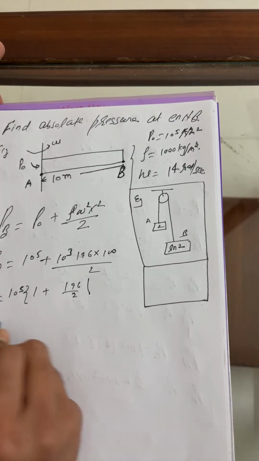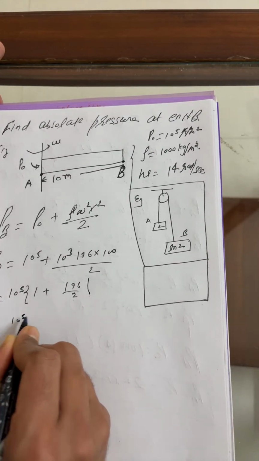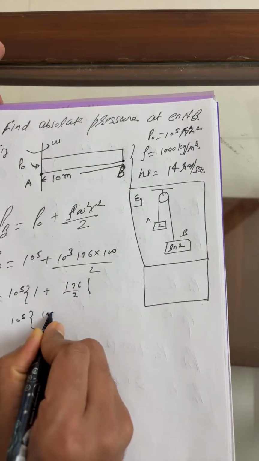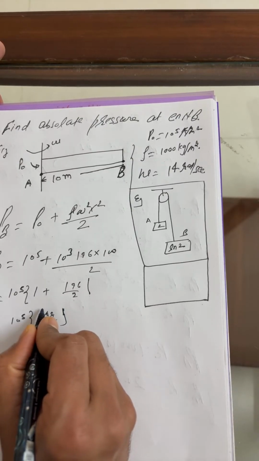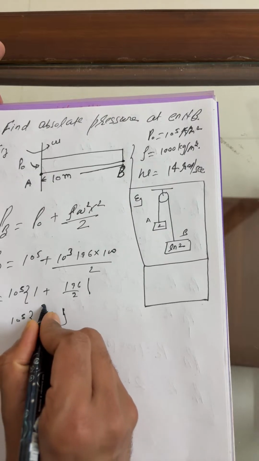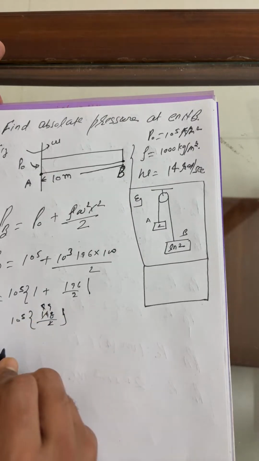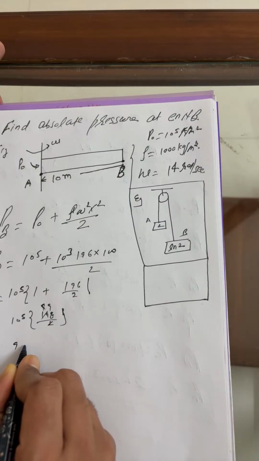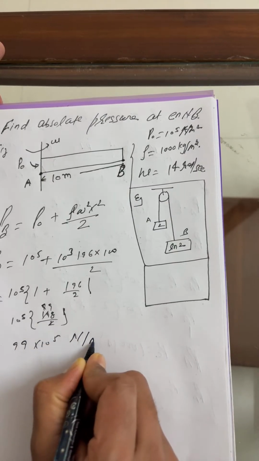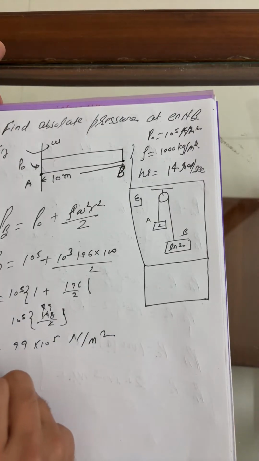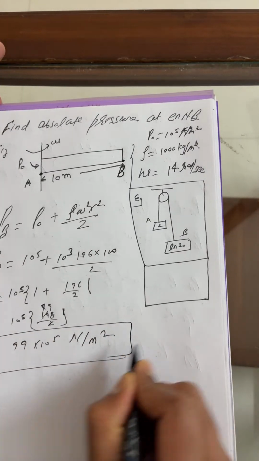Finally 10 to the power 5 times 198 by 2, which is 99. So Aryan, I'm getting 99 into 10 to the power 5 Newton per meter square as the pressure at point B.